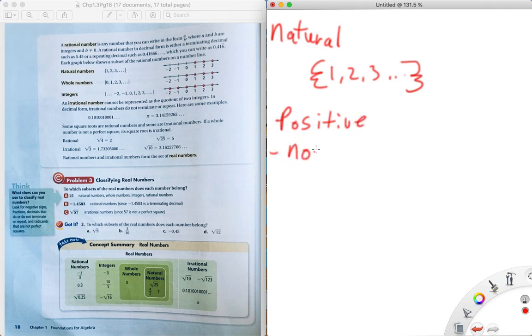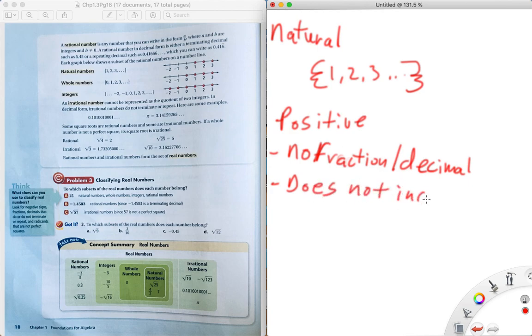No fractions and decimals. And it does not include 0. So we start at 1. And they're all positive. No fractions and decimals. Does not include 0. That is natural numbers.